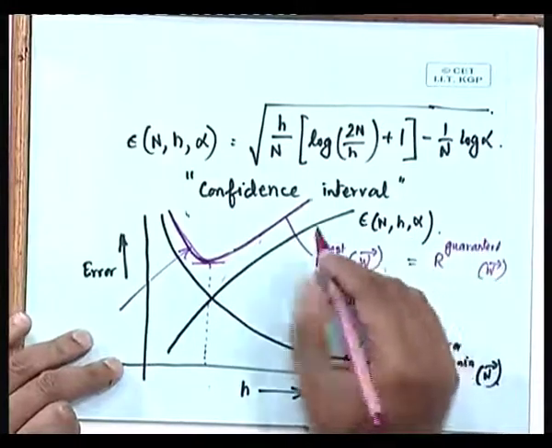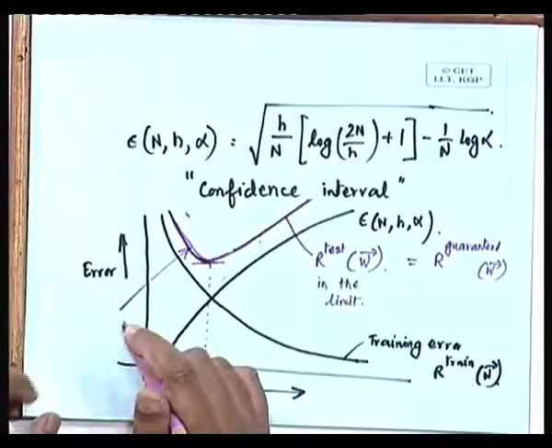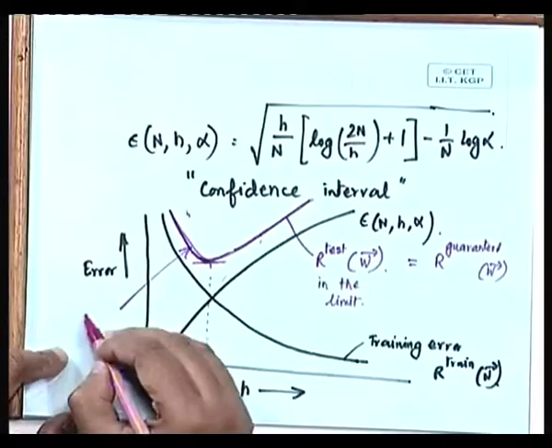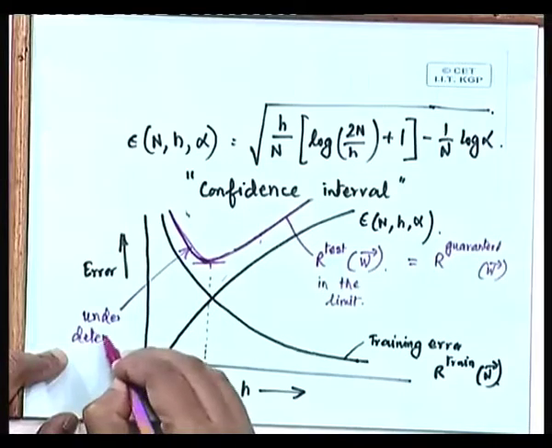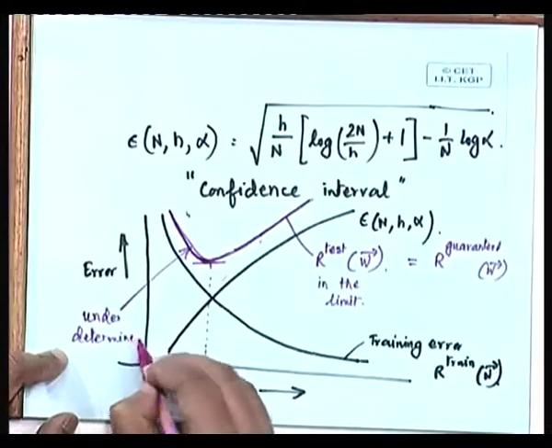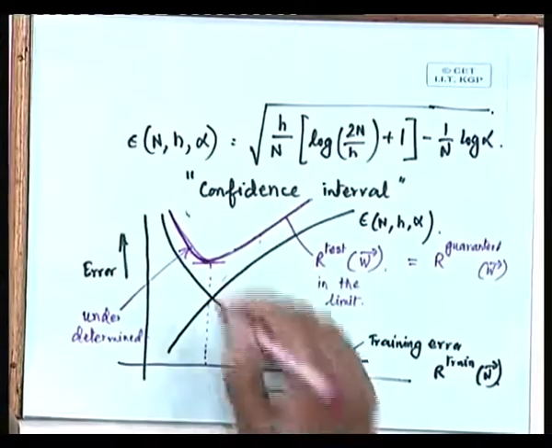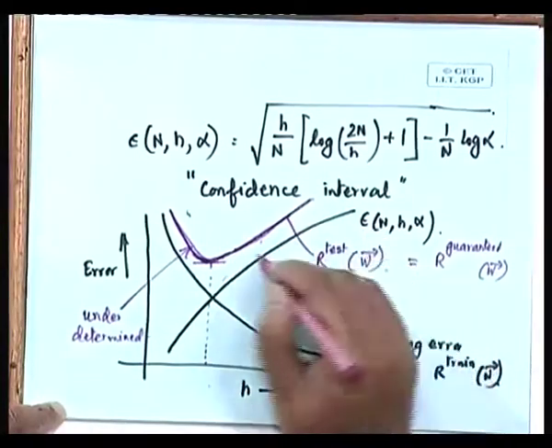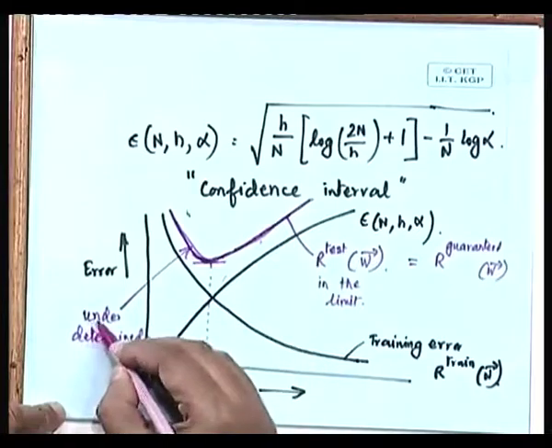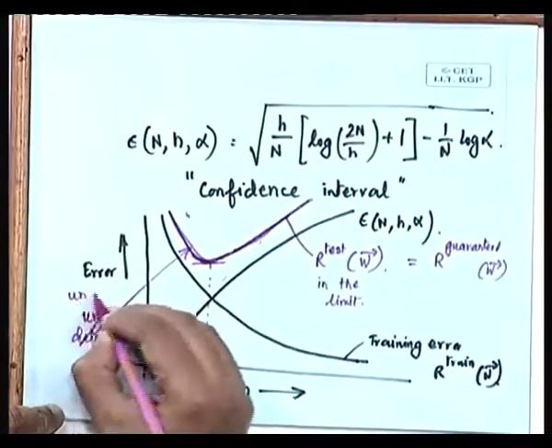In fact, this is a region which we should call as the underdetermined region, before the minimum. And beyond this minimum, let's not call it underdetermined, the better term to say will be underfitment.